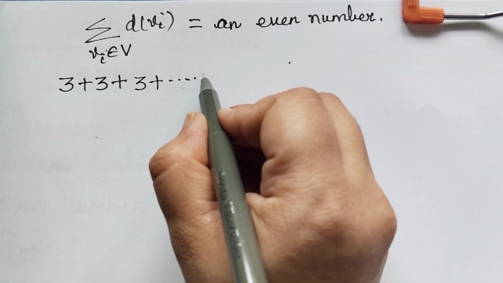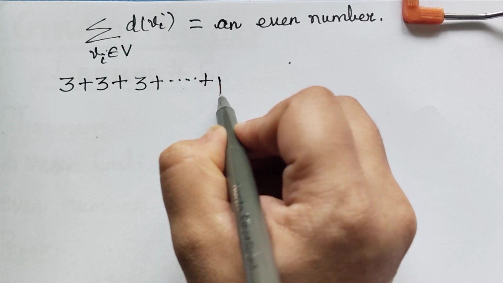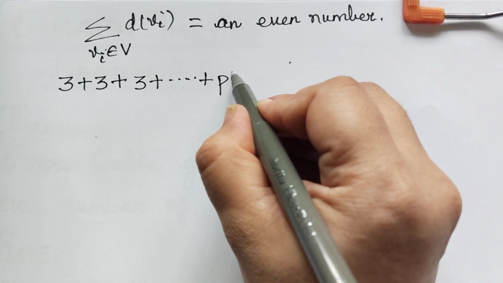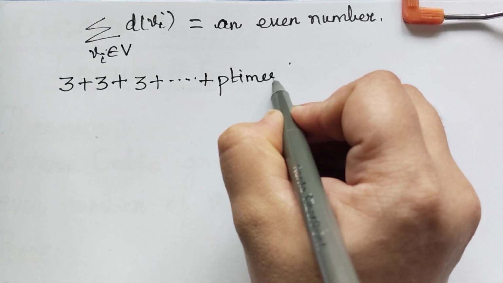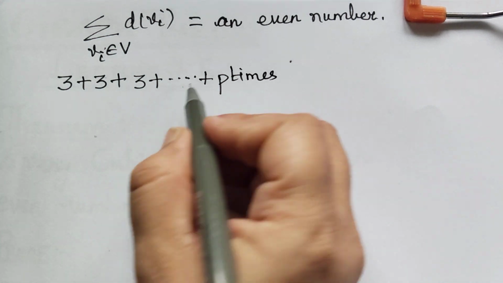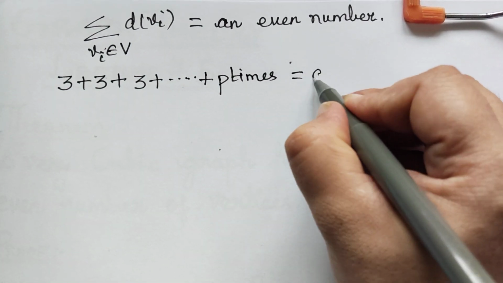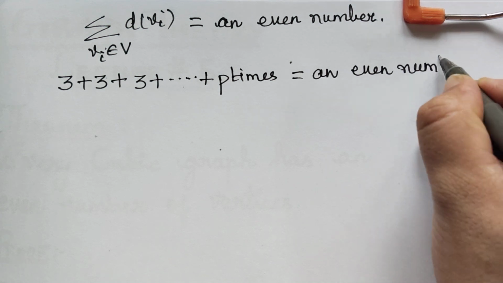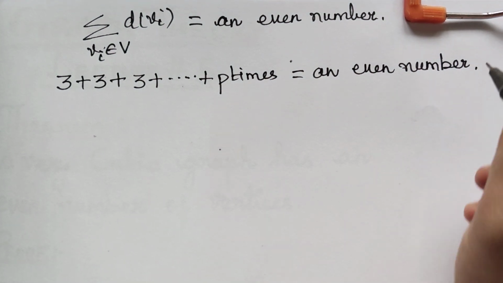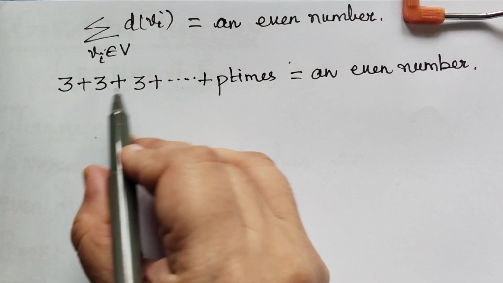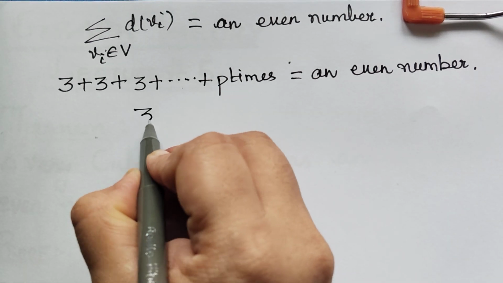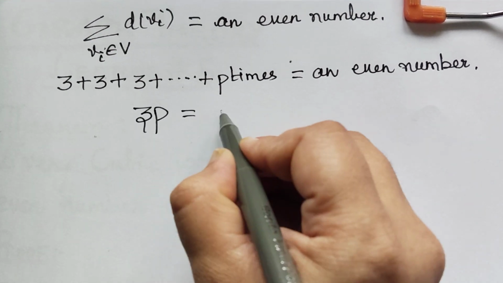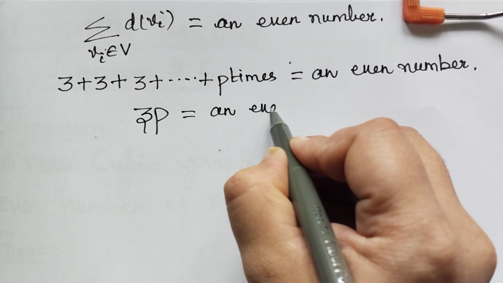We know that it has p number of vertices. So p number of times we have to sum up this 3, and that will be equal to an even number, obviously. So when we sum up 3, p times, it will be 3p, and that is equal to an even number.